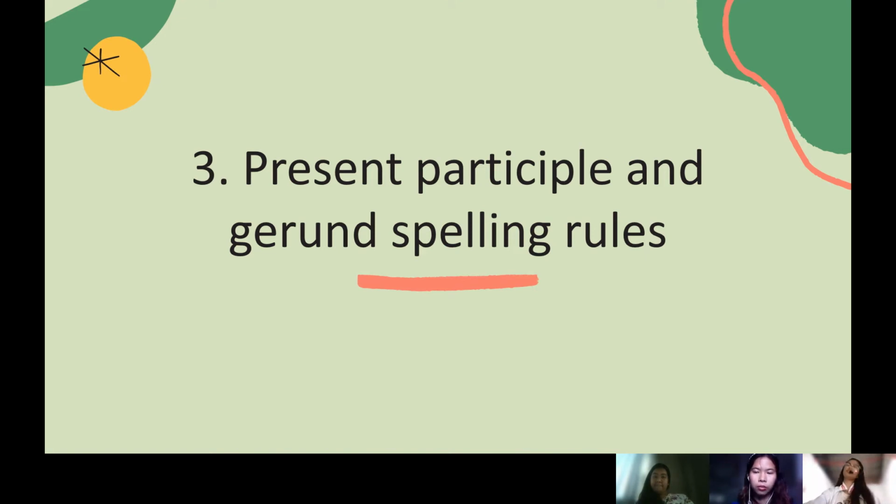We have present participle and gerund spelling rules. So we cannot just change the spelling of a verb kasi meron siyang rule. Now, what we are going to talk about, how do we change the spelling of the present participles and gerund?